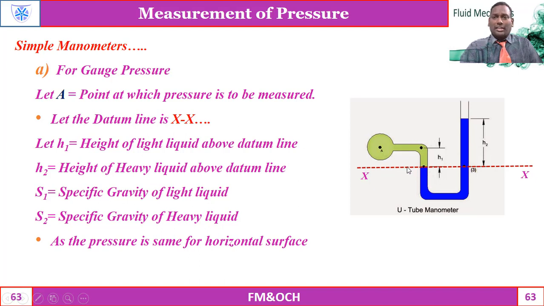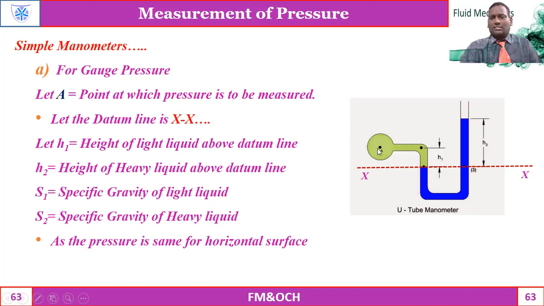Draw this imaginary line. Let H1 be the height of heavy liquid above that imaginary datum line. Let H2 be the height of the working liquid above the same datum line.